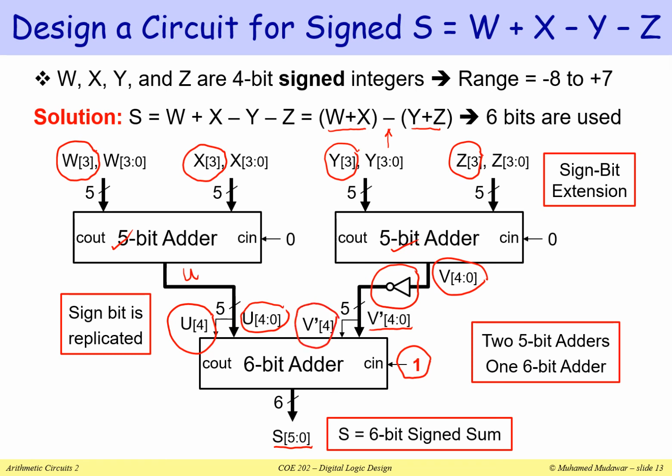First I'm going to invert V, and then I'm going to do sign extension, and then I can add. Now my inputs are 6 bits, and this 6-bit adder is going to produce a 6-bit sum. The sum here is signed, so we're producing a signed result. This is why we use sign extension when we are dealing with signed integers.